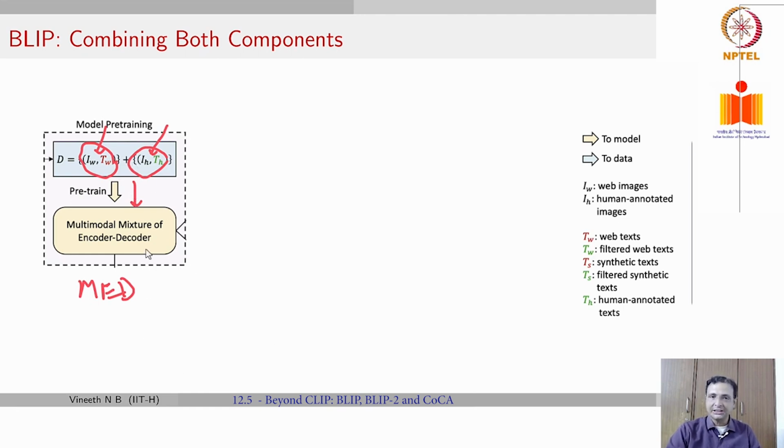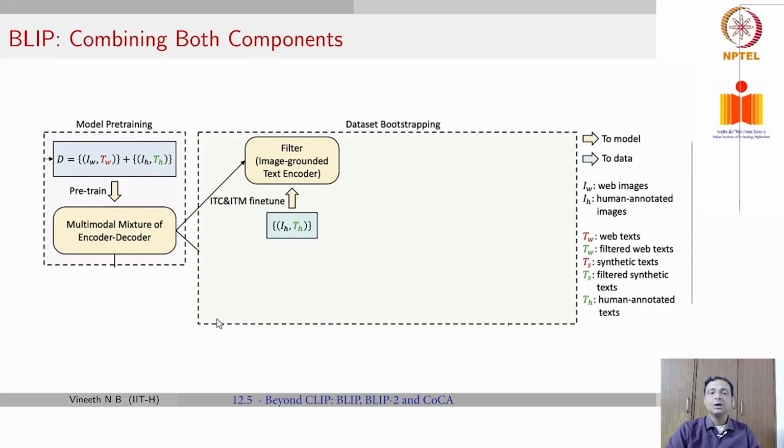Once they have an initial version of their MED, this is used to train a filter module, which is an image grounded text encoder, which receives all the human annotated text image pairs as input, and it's trained using the image text contrastive loss and the image text matching loss. This filter learns to look at image text pairs and say whether they are good or not good.